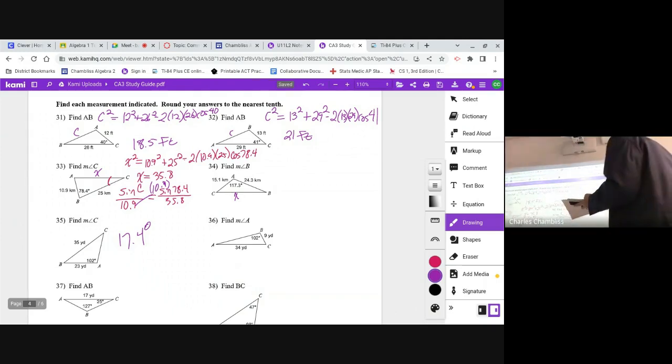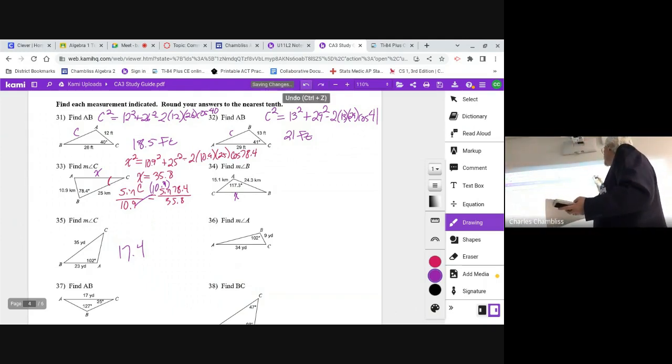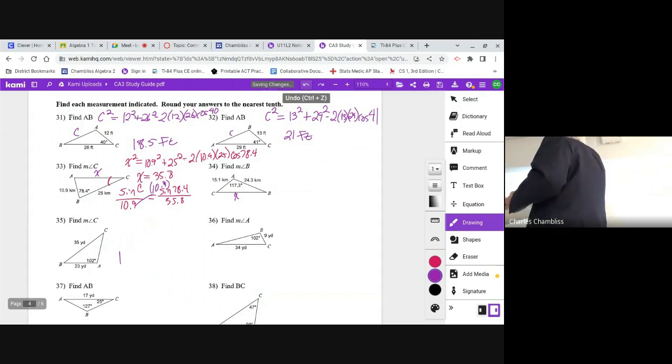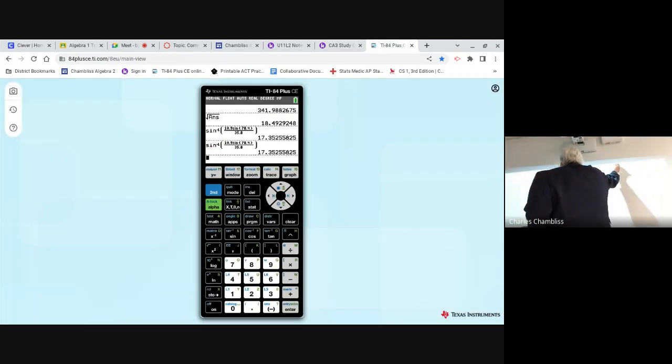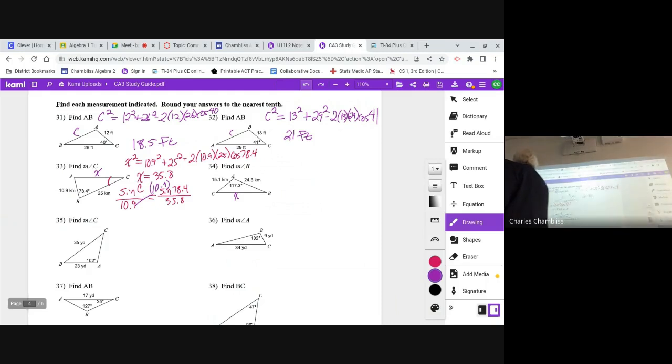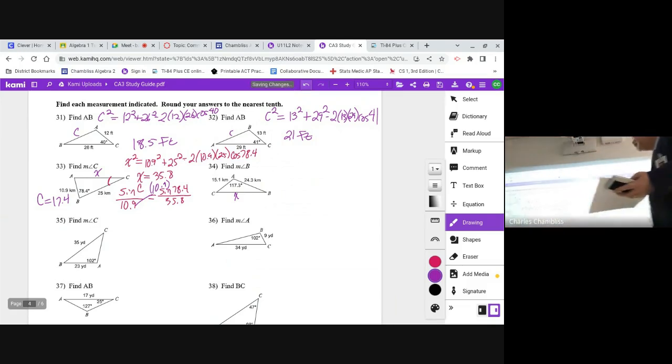No, it's not 35, it was 34. What was it? 17.4. All right. 34 works the same way. So I'm going to go through the setup and then write the answer.